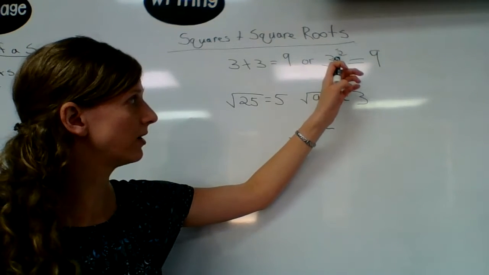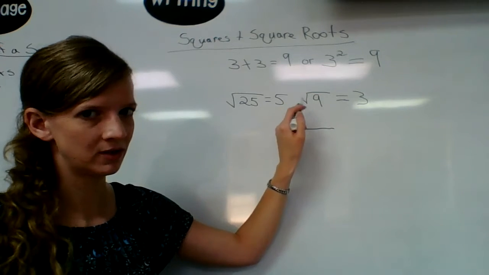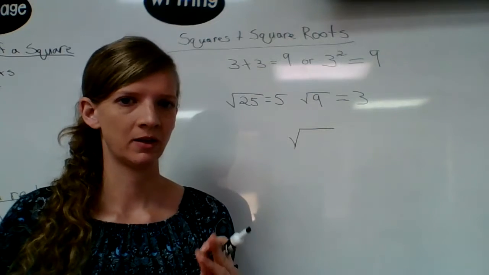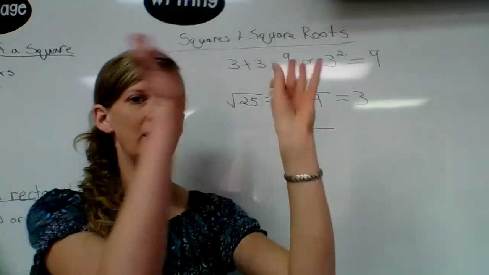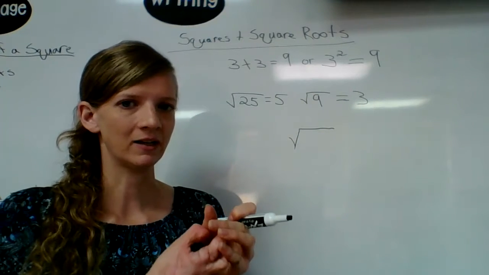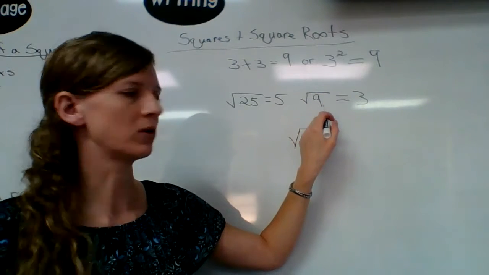Because 3 squared equals 9, then I know that the square root of 9 is 3. So think of it like the root of a tree, okay? The 9 is the tree, it's the branches, but you want to find the root. What made it a 9? What times itself made it a 9? It's 3 times 3 equals 9.